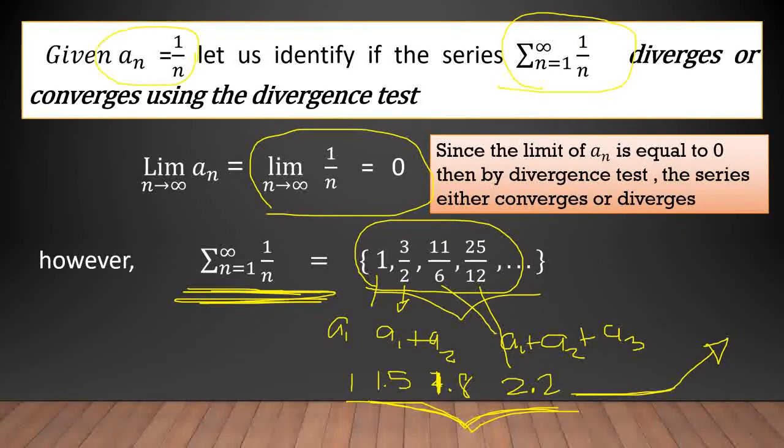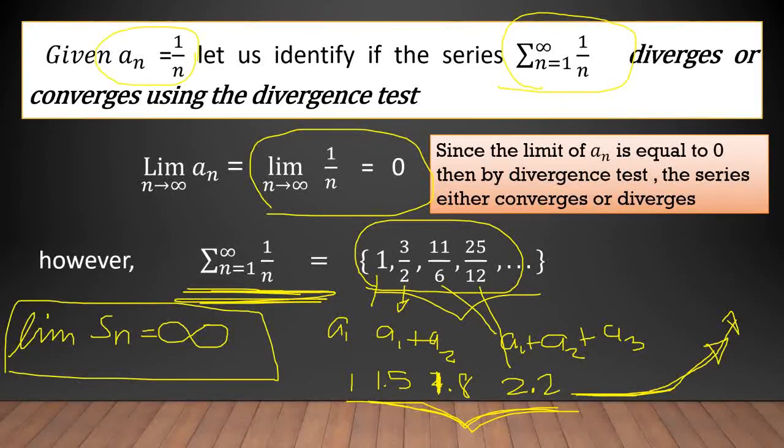This means that the limit of our series will be positive infinity, because the sum keeps increasing. Using the definition from our previous video, when the limit of the series is positive infinity, then the series will diverge.